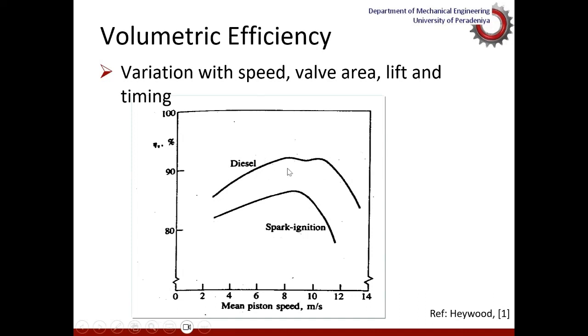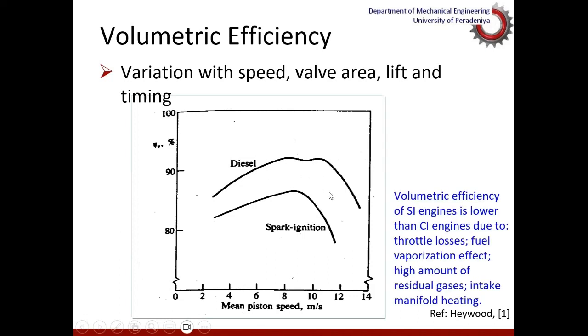The volumetric efficiency in spark ignition engines is lower because of throttle losses; there are no throttle losses in diesel engines. You can see there is a double peak, particularly with diesel engines. That is due to the tuning effects: there you can see double peaks in the curve of volumetric efficiency with speed, particularly for diesel engines.